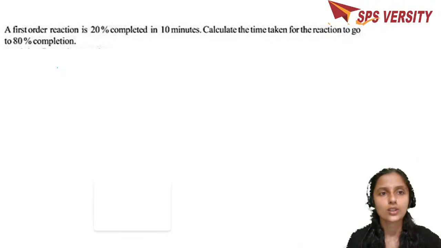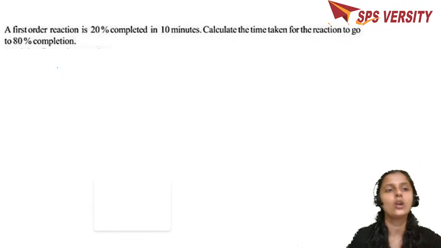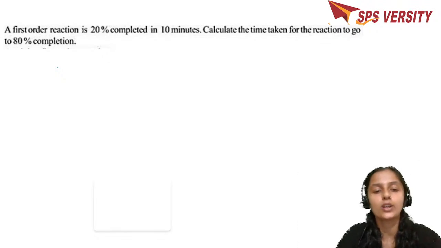A first order reaction is 20% completed in 10 minutes. Calculate the time taken for the reaction to go for 80% completion. How are you going to solve this? If you're watching this, you can put it in the comment section, say what is going to happen.